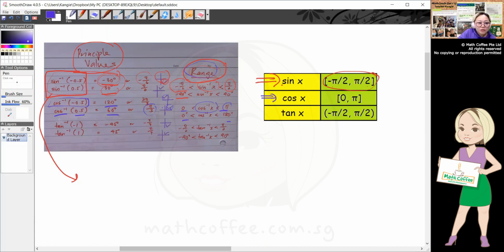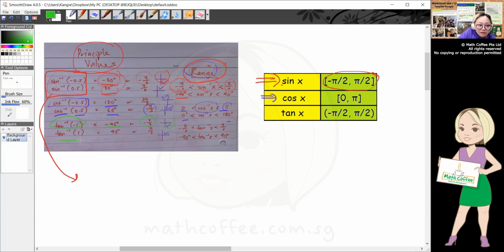Now let's take a look at the third one, which is the tangent. Tangent inverse negative 1, when you key into the calculator, gives you minus 45 degree, which is in the fourth quadrant, and in terms of pi it is minus pi over 4. Let's look at the positive first.